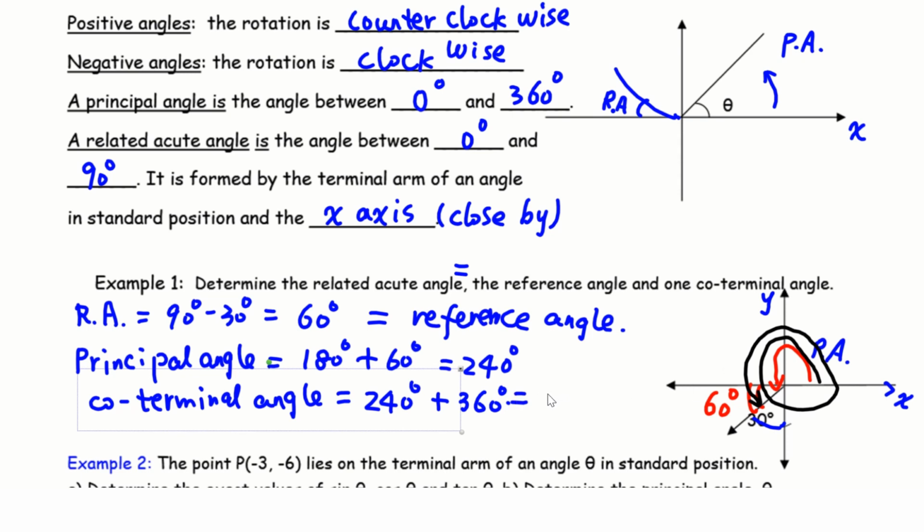So this one will be 960 degrees. So that is for these coterminal arms.